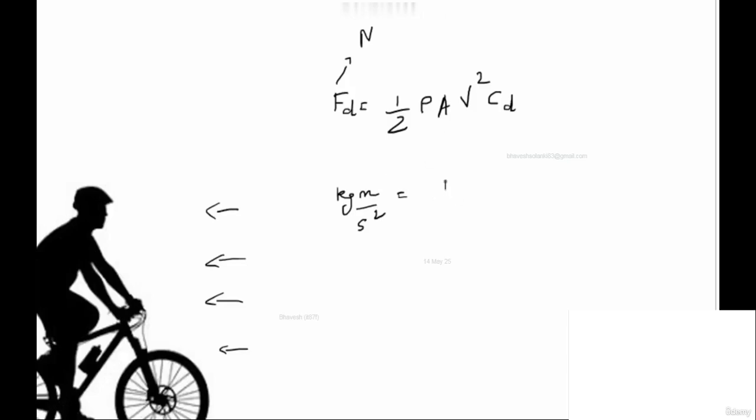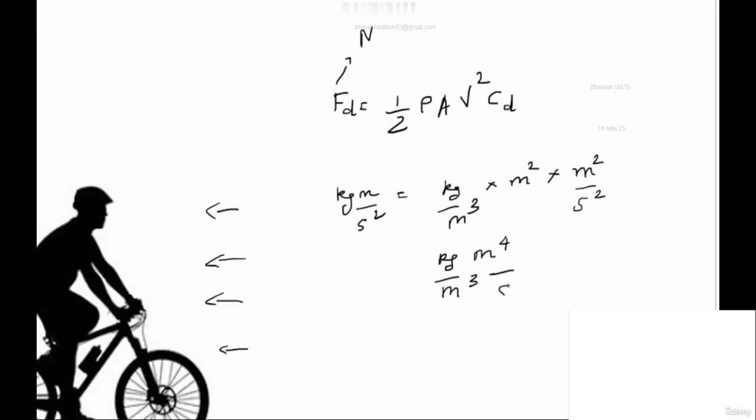For density, the unit is kg per meter cube, for area the unit is meter square, and for velocity the unit is meter per second, and since there is an exponent of 2, you will get meter square per second square. If you do the math, this is going to be kg per meter cube times meter square times meter square per second square.